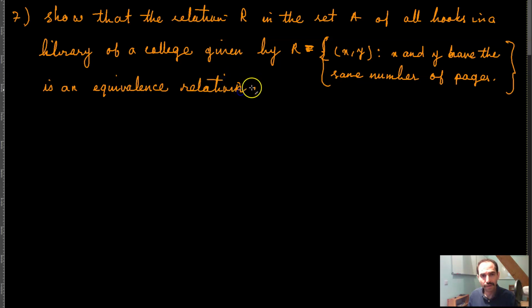To show that a relation is an equivalence relation, you have to show that it's reflexive, symmetric, and transitive, and that means that it's an equivalence relation.